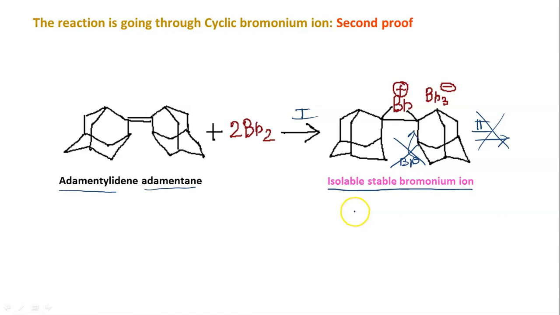So when we have already isolated this type of intermediate, obviously now there is no doubt that the cyclic bromonium ion is the actual mechanism through which the reaction is going on. Okay, and ultimately we get the bromination product. So this evidence is the most striking evidence.